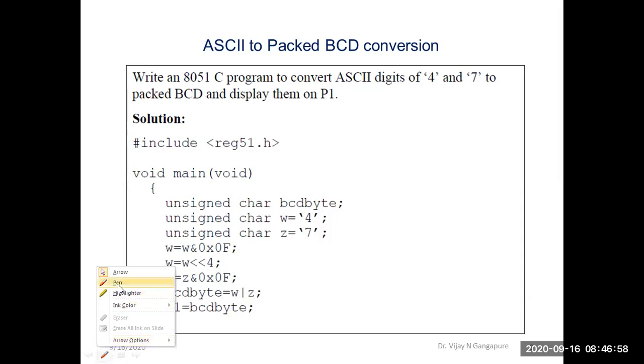Write an 8051 C program to convert ASCII digits 4 and 7 to packed BCD and display them on port 1. As I explained, first I am including the reg51.h file in my program, and then void main function. The first declaration statement declares BCD byte.